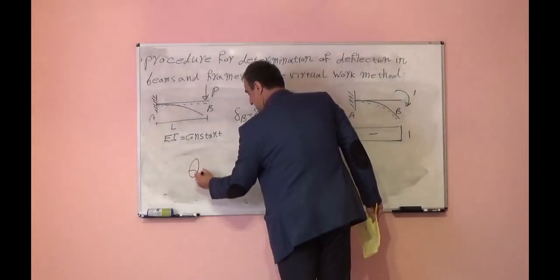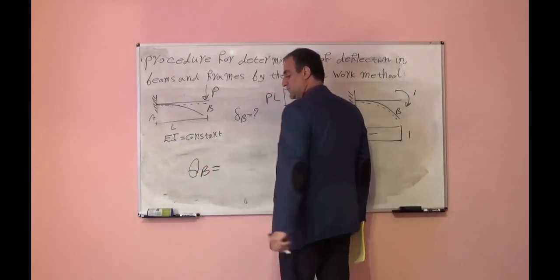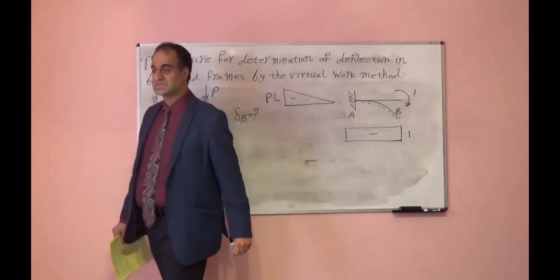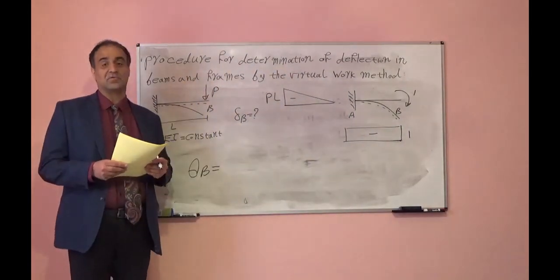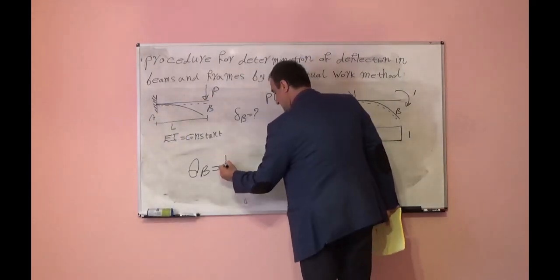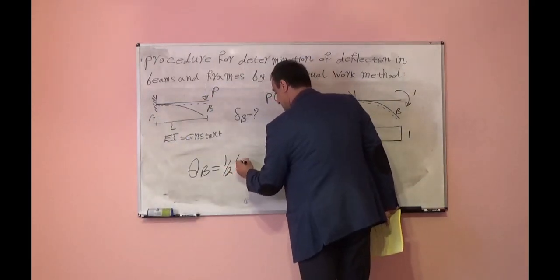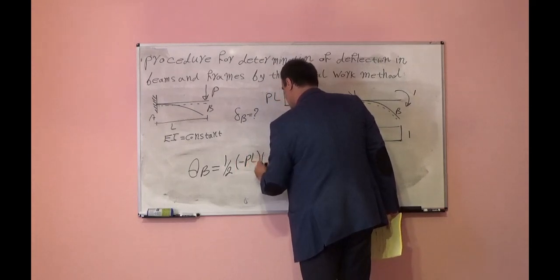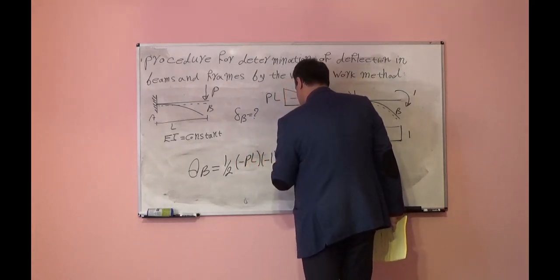So theta B will be, again if you take the integration table, you will see rectangular to triangle, the coefficient is 1 over 2. So it will be 1 over 2 times negative PL times negative 1 times the constant of length over EI.